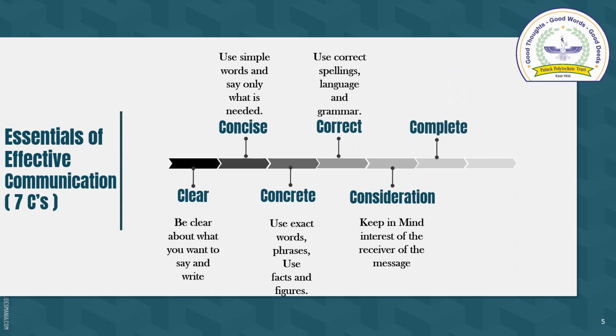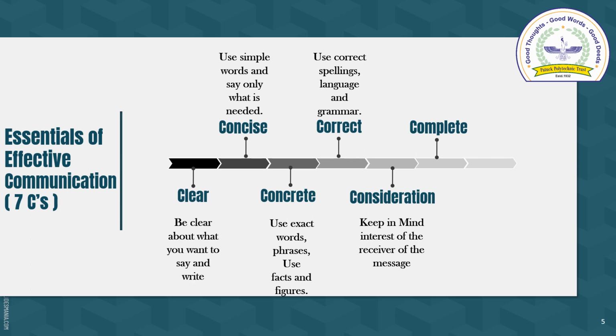Then the next C we have is completeness or complete. The letter should be complete with every aspect. The communication should be complete with every aspect. It should cover all the facts related to the point of discussion. Like you should always try to answer the questions like who, what, when, where, why, and so on.